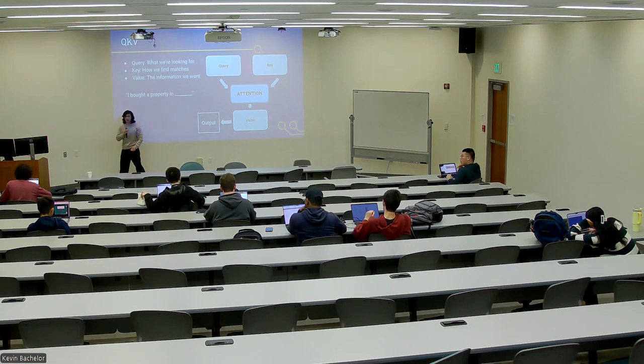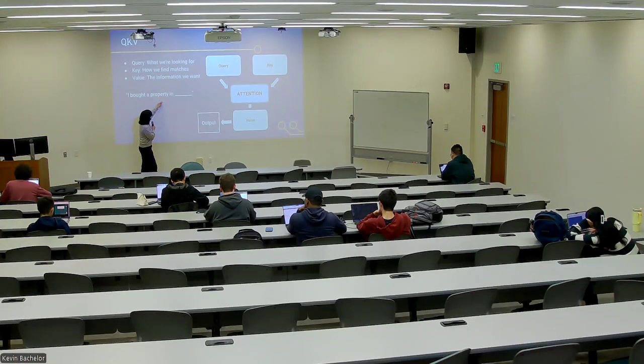The key is all of this, I bought a property, and Egypt is our value, probably. Or I bought a property in Spain, or in Los Angeles. It's hard to tell, but we can at least more reasonably predict what we might say using the query, key, and value.